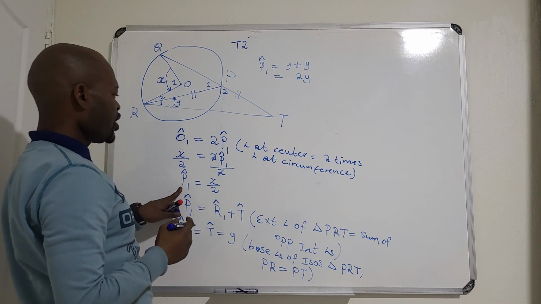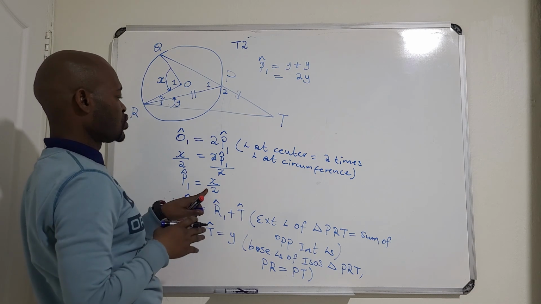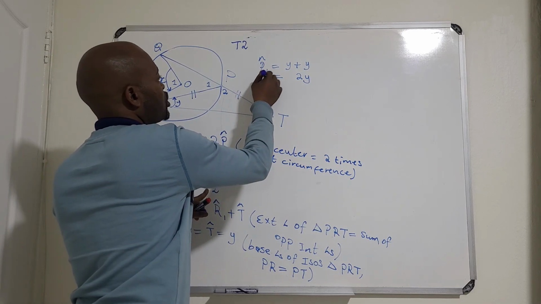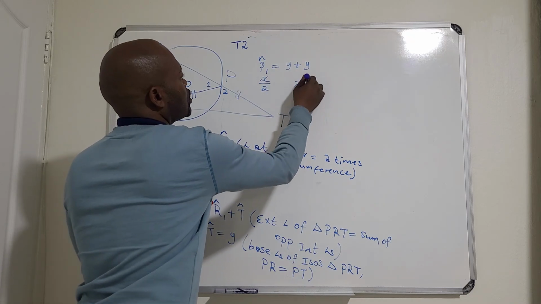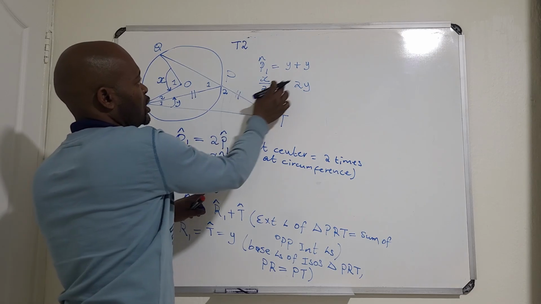But we know that our angle P1 is equal to x over 2. Where we see P1, we put x over 2. Here, we've got x over 2 for P1.